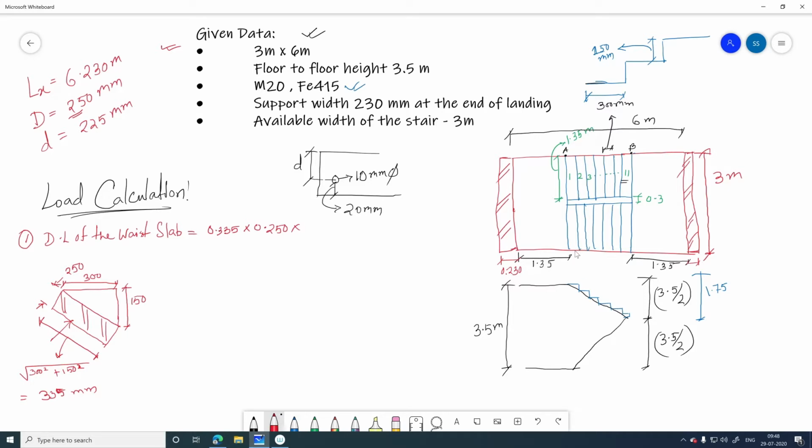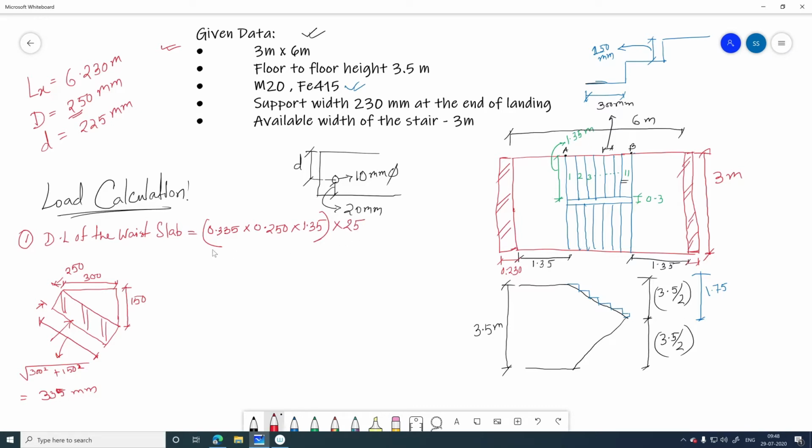That means the length of each flight is up to this 1.35, right, for a single flight. So we are considering the single flight, okay. So 1.35 into the unit weight of RCC, that you already know, that is 25 kilonewton per meter cube.